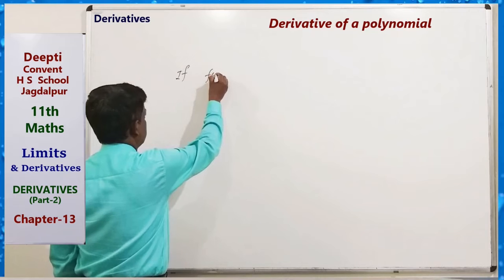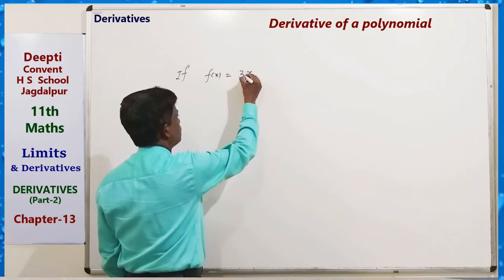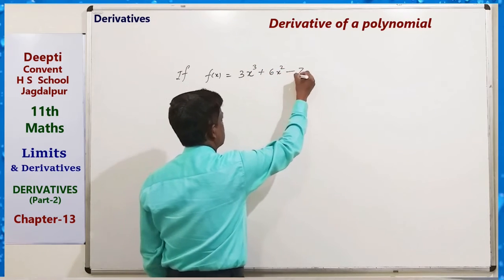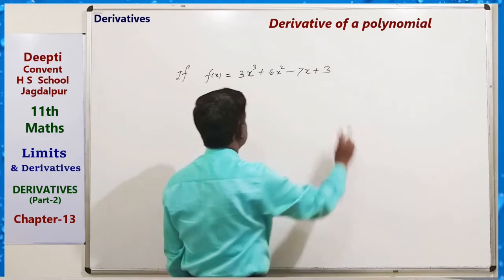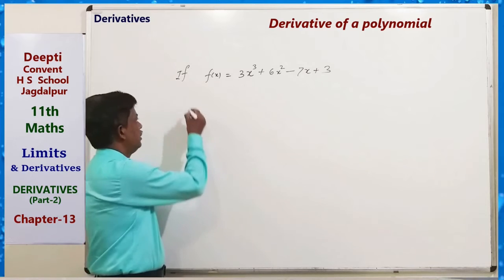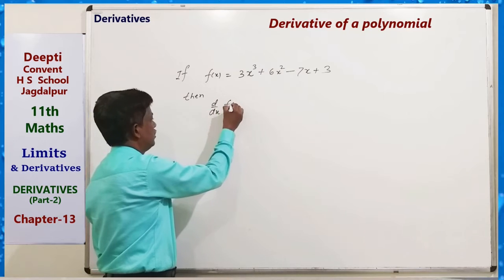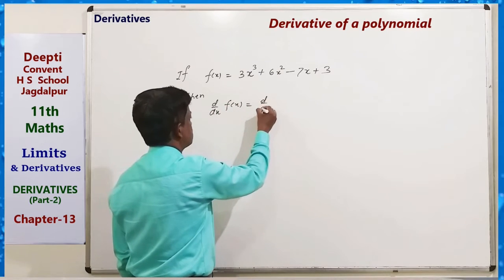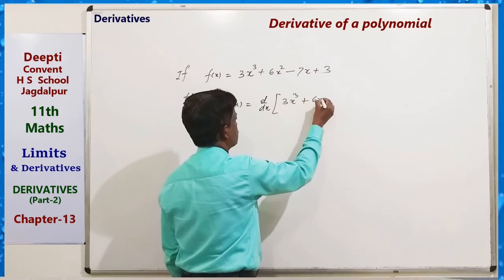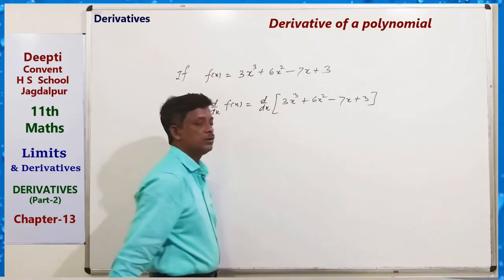If f(x) equals 3x cube plus 6x square minus 7x plus 3, which is a cubic polynomial, then the derivative of this: write dy/dx of 3x cube plus 6x square minus 7x plus 3. And how can we differentiate it?